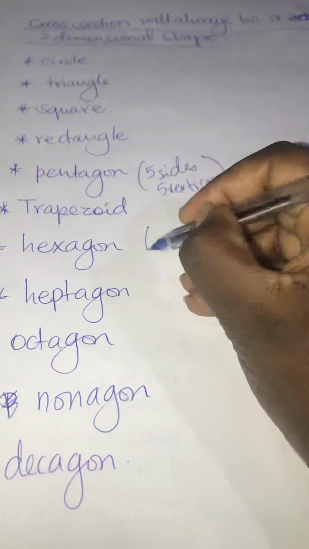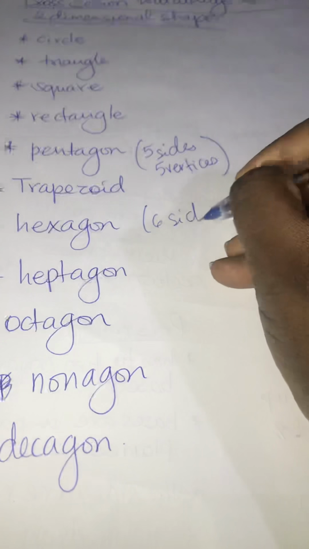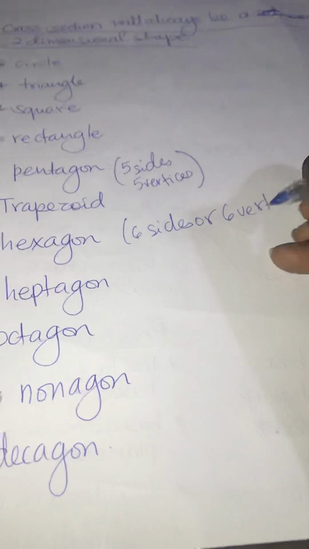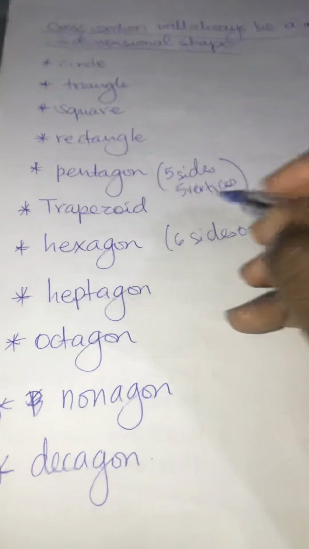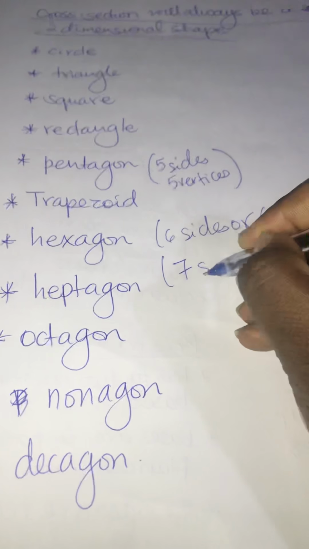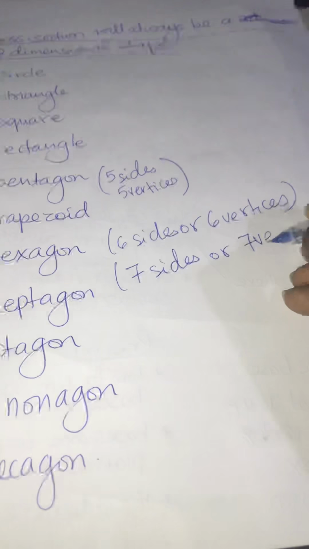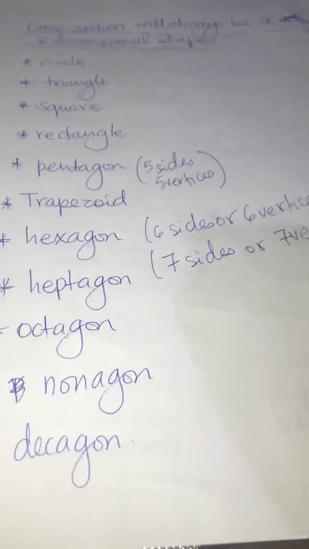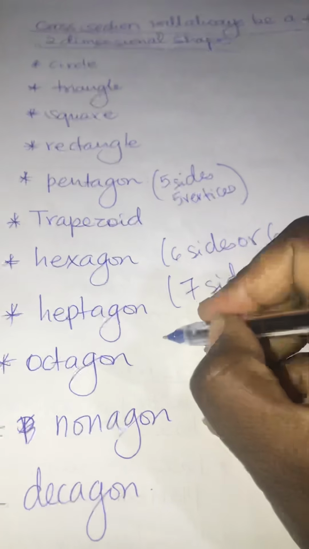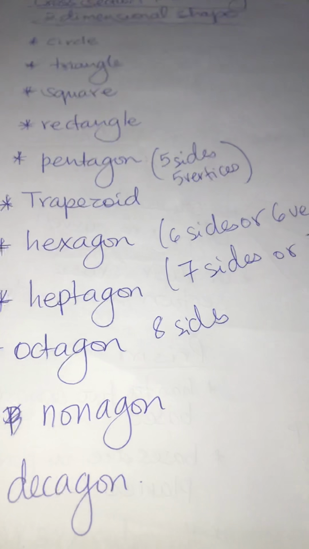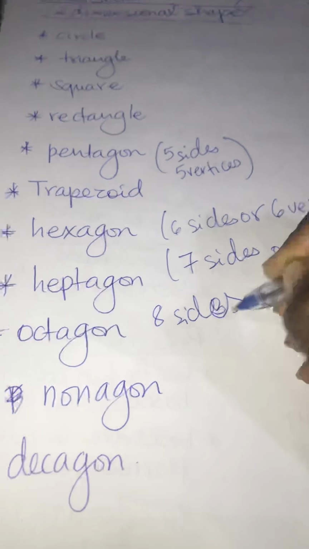Remember, a hexagon has 6 sides or 6 vertices. A heptagon has 7 sides or 7 vertices. An octagon has 8 sides.